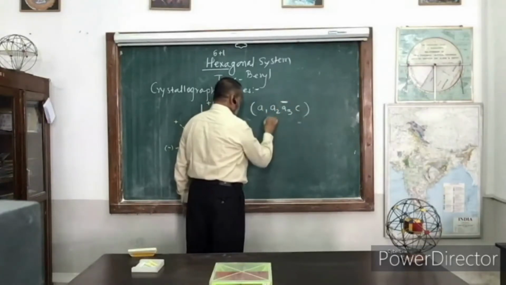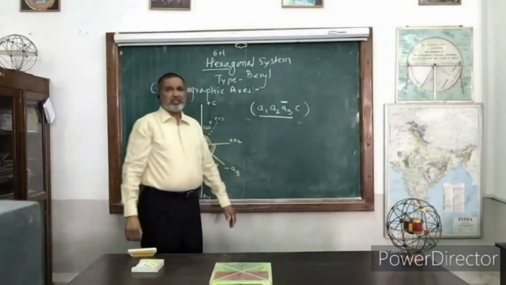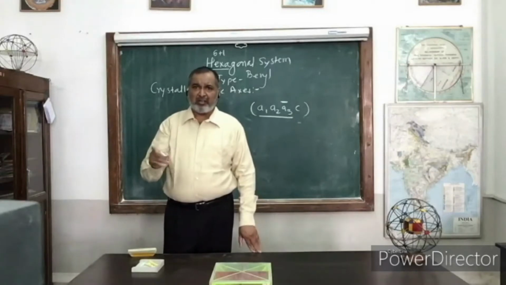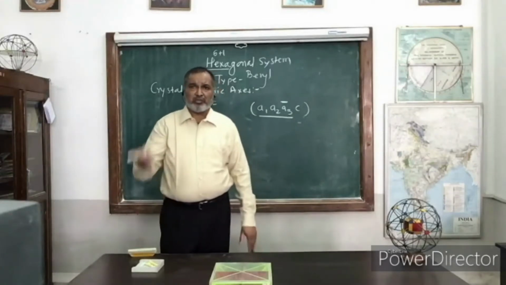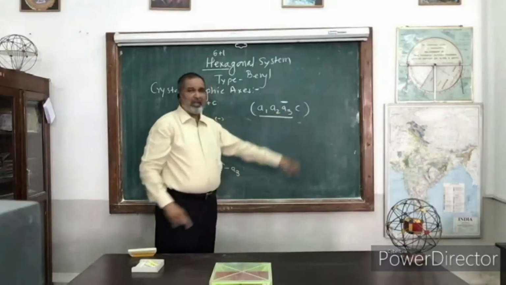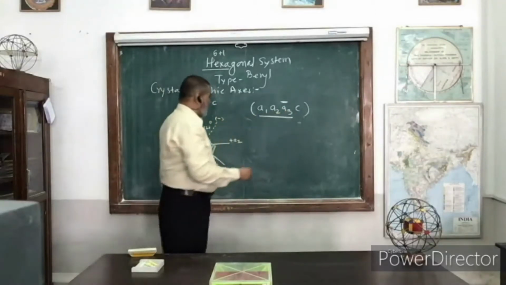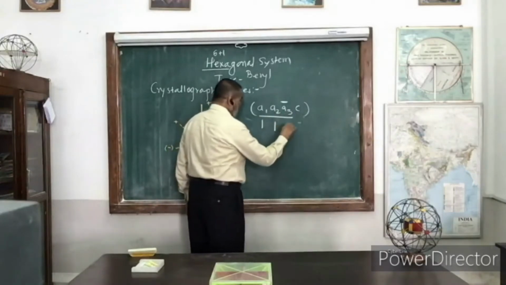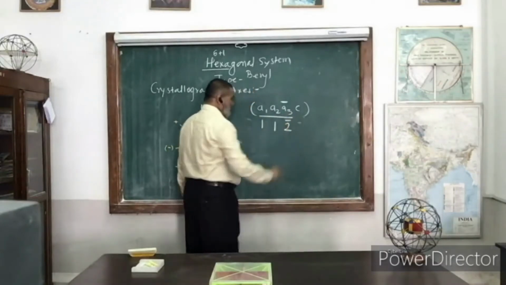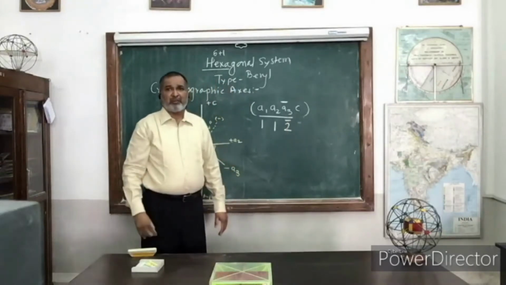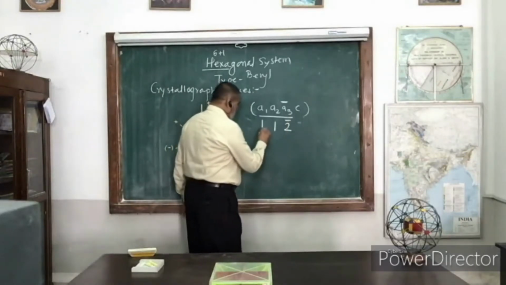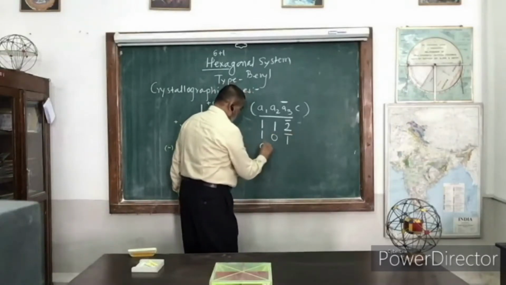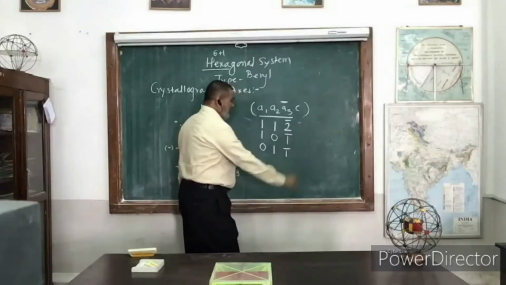But what is happening in the case of A1, A2, A3? These are the three horizontal axes, dividing the 360 degree angle equally, 120, 120, 120. So the sum of these indices has to be 0. For example, if the index of A1 is 1 and A2 is 1, then automatically A3 should be bar 2, so the sum becomes 0. If A1 is 1 and A2 is 0, then A3 is automatically bar 1.